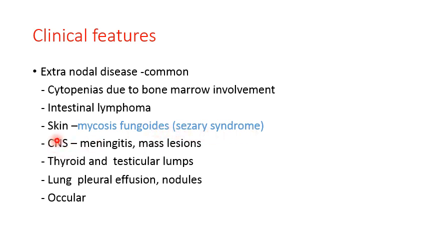And then they can come with diverse presentations due to CNS involvement like meningitis, mass lesions, Guillain-Barré, etc. And then they can present with a lump, either thyroid or testicular, in the lung, pulmonary nodules, pleural effusion, and then ocular involvement is also a recognized presentation.